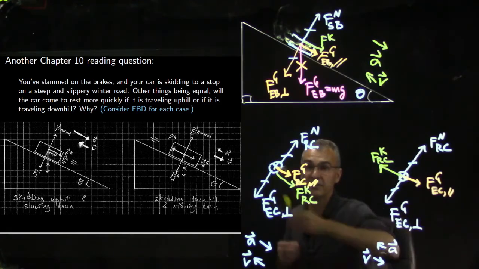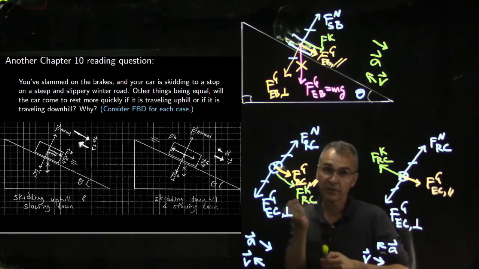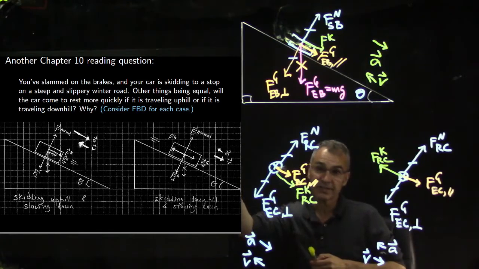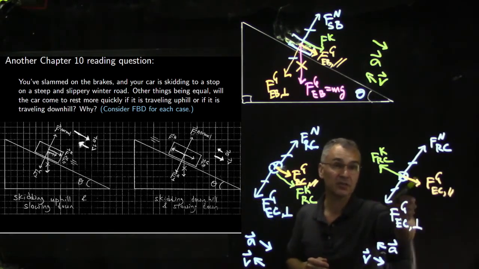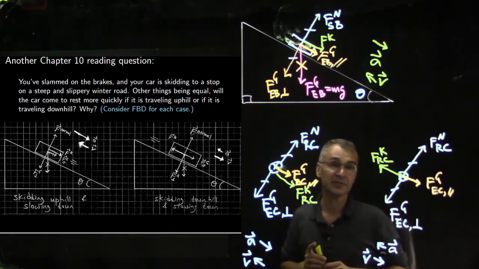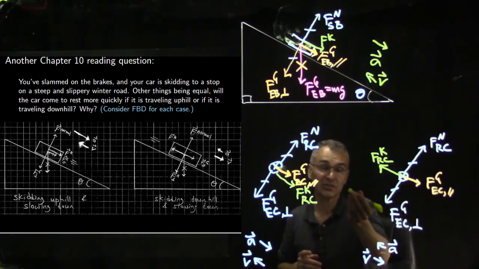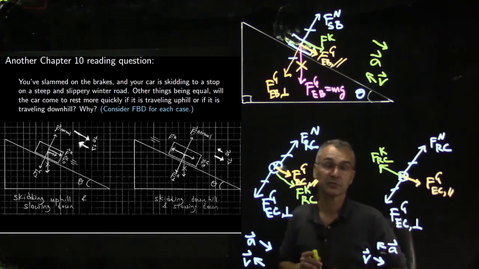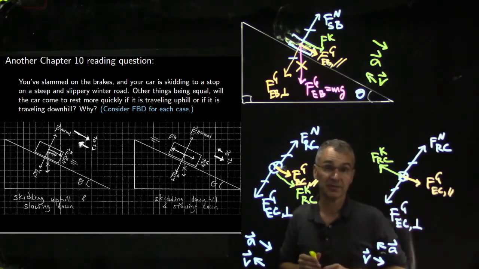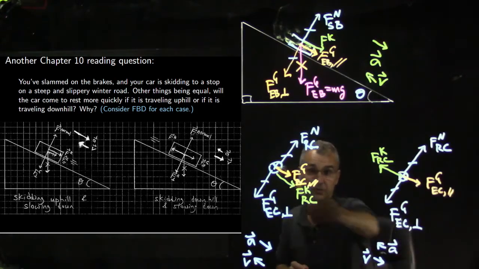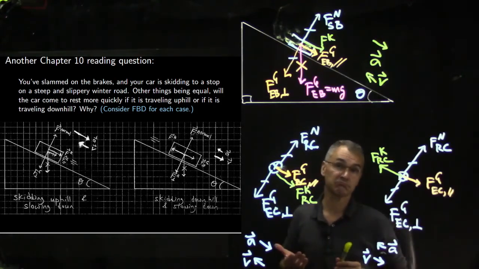So if I'm skidding to a stop while going uphill, gravity is also helping me to stop, as well as friction helping me to stop. Whereas if I'm skidding to a stop downhill, gravity is making it more difficult for friction to stop me. So I think it's going to take me longer, all things being equal, to skid to a stop downhill than it will to skid to a stop uphill.